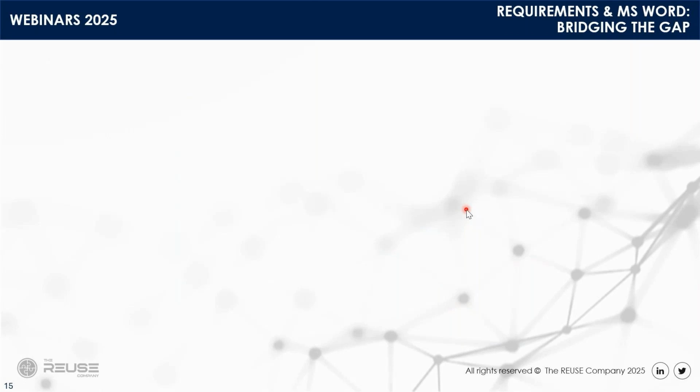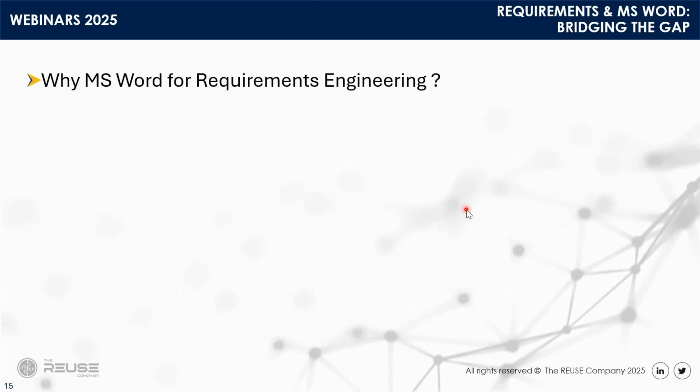Okay, and to be able to bridge the gap between requirements and MS Word, we have two different approaches. Before that, we have to ask ourselves, why MS Word for requirements engineering? It could be for different reasons that we will see just after, but basically, considering the complexity of organizations, you can imagine that some people will not have access to the tool, or you probably need to deal with stakeholders who will be contributing in Word and not in your production tool.